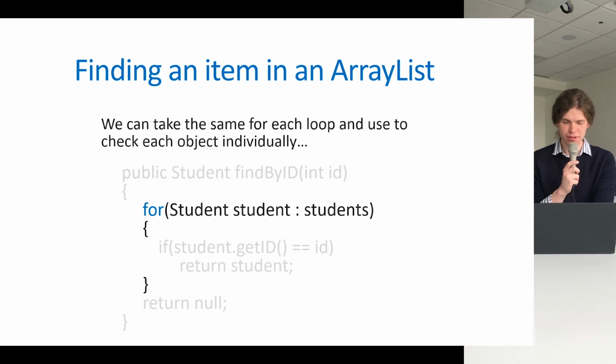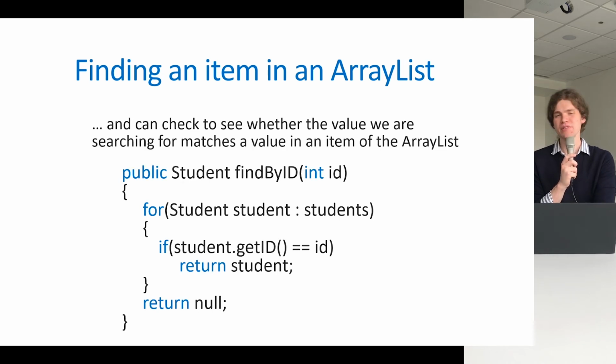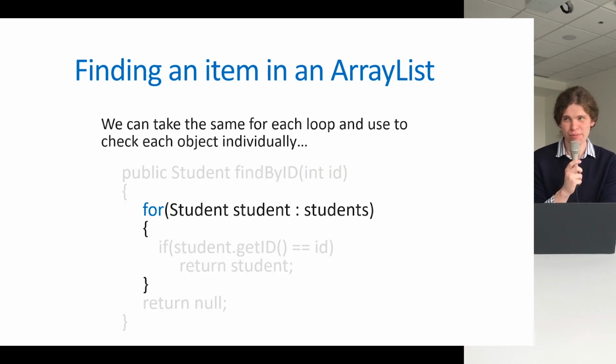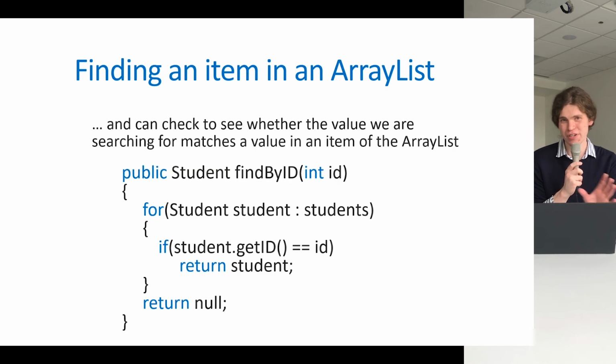So for example, if I wanted to find a student object in my collection, let's say I had 3 objects in there, I could look at the ID values and then see if I can find a match with the one that I'm looking for. So the full code here, remember the for each loop sits in the middle of this method. And this method, let's just say I want to find a student by their ID.